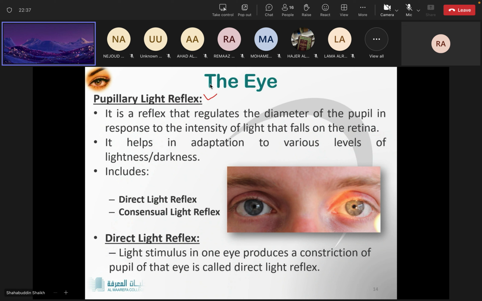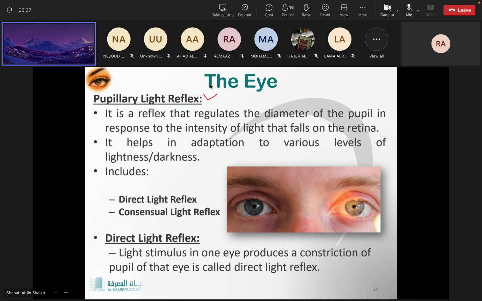That makes the lens thin. Clear? Yes, clear. Please remember these three words. When the ciliary muscle becomes relaxed, it makes the ligament tight. So the ligament will pull the lens.